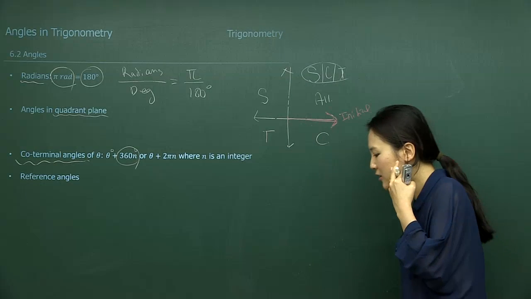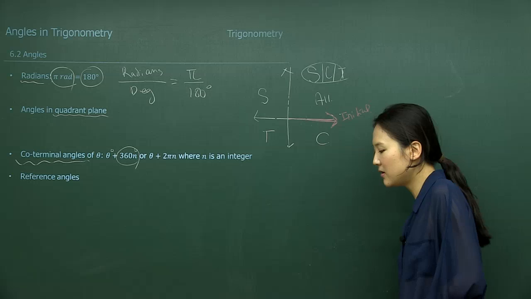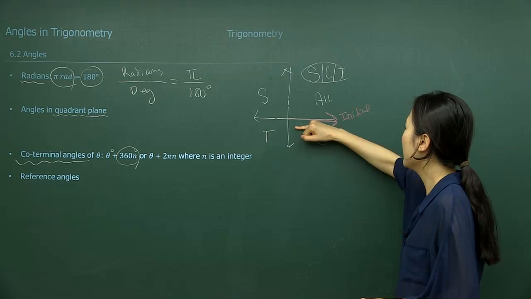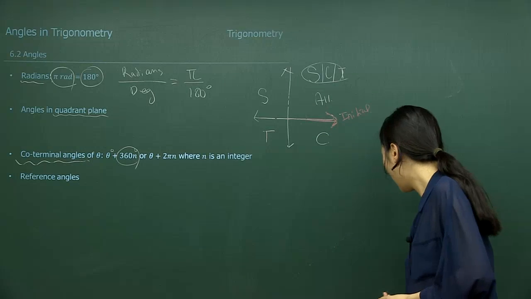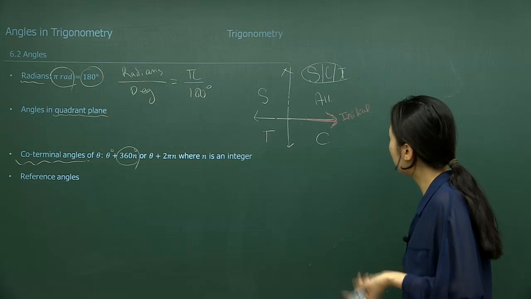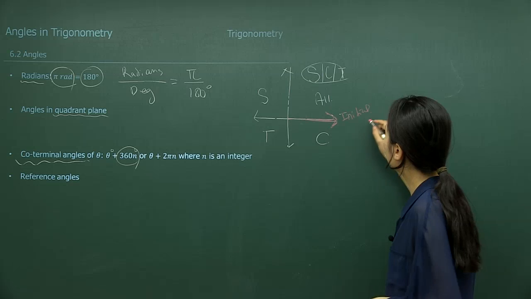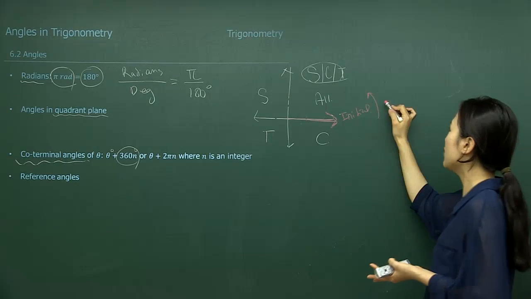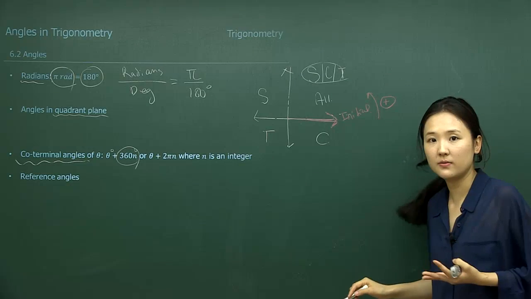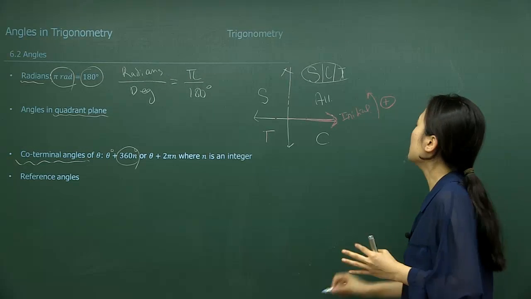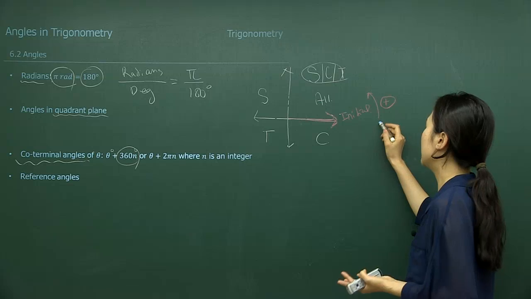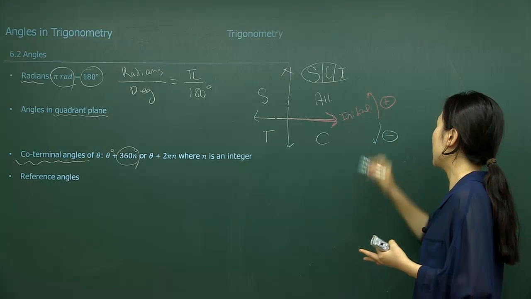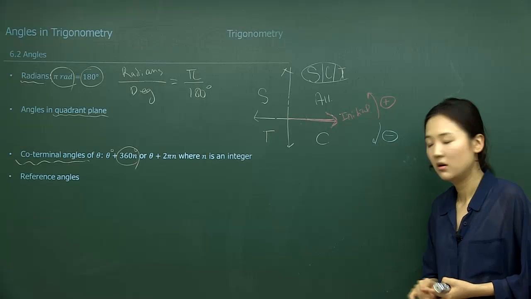So whether you're measuring 100 degrees or 10 degrees or 270 degrees, you always start from this part of the axis. And you must measure in the counterclockwise direction if you want to measure the angle as positive. That doesn't mean you can't measure it the other way around. It's just that if you do, you're basically getting a negative angle.